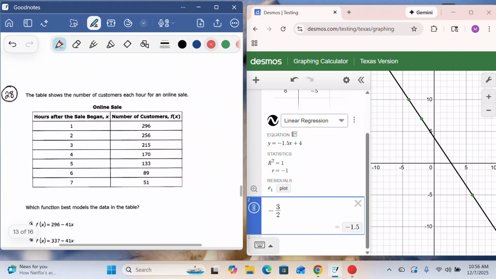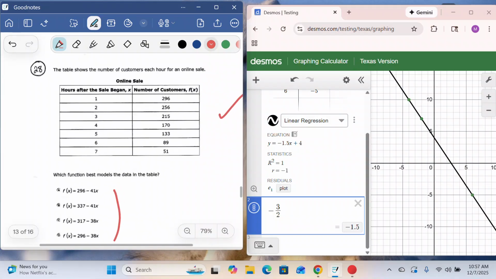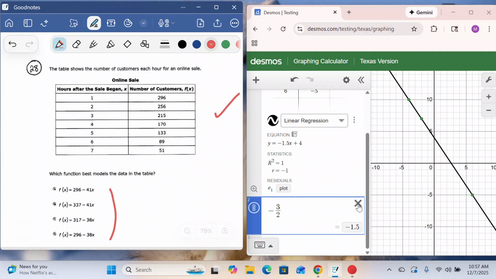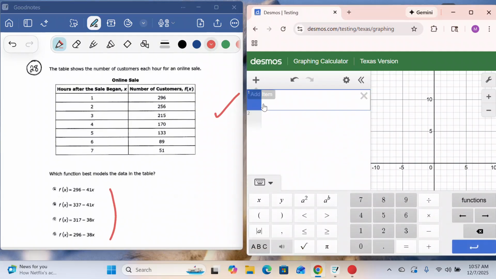If we look at the next one, it says the table shows the number of customers at each of the online sales. So what function? We look at the answers and they are all linear. So this most likely is a linear table. All we have to do is submit this one into Desmos and let Desmos do the work for us. So let me go ahead and get my table function.